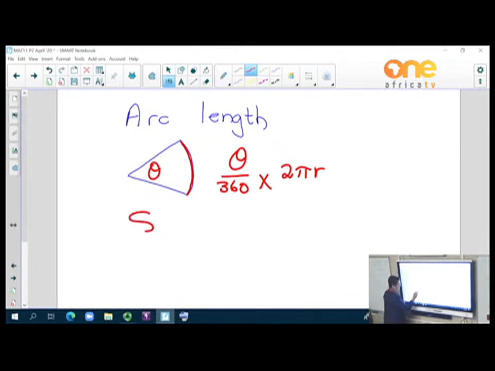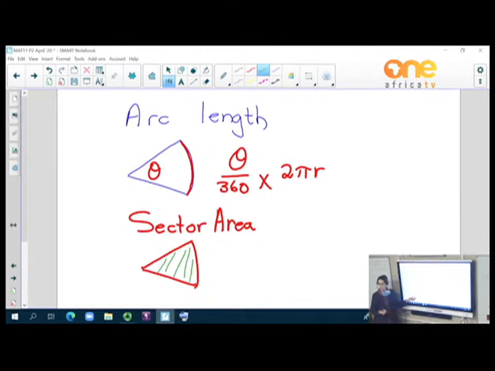Right, and then the sector area. The sector area, as we said, is the piece of cake that you want to eat, or the piece of pizza or whatever. This is the sector area that we're talking about. This is part of what? Of the area. It's part of the whole pizza.